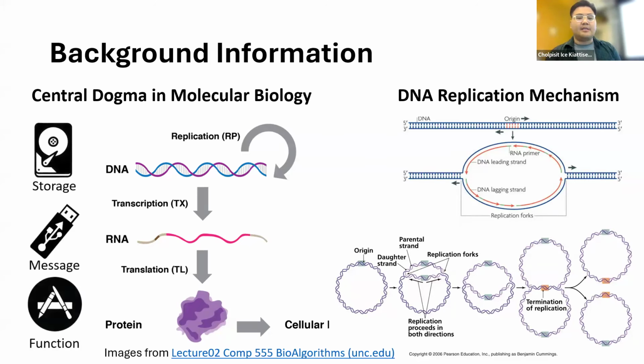The other thing I want to add is the DNA replication mechanism. So the DNA is double-stranded, and whenever you want to make more DNA, you need to use the DNA itself as a template and just copy it over and over. You might be a little bit familiar with how DNA replicates.